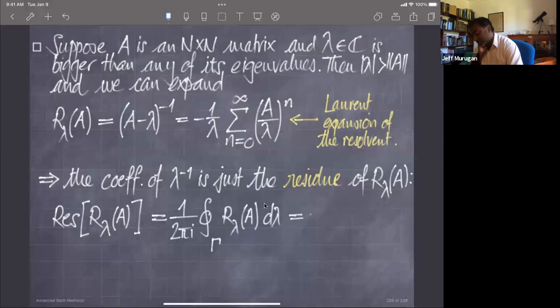And reading off what the coefficient is, sorry, it's minus 1. The coefficient of 1 over lambda takes place when n equals 0 in the above series, which allows me to read off that coefficient as minus 1.